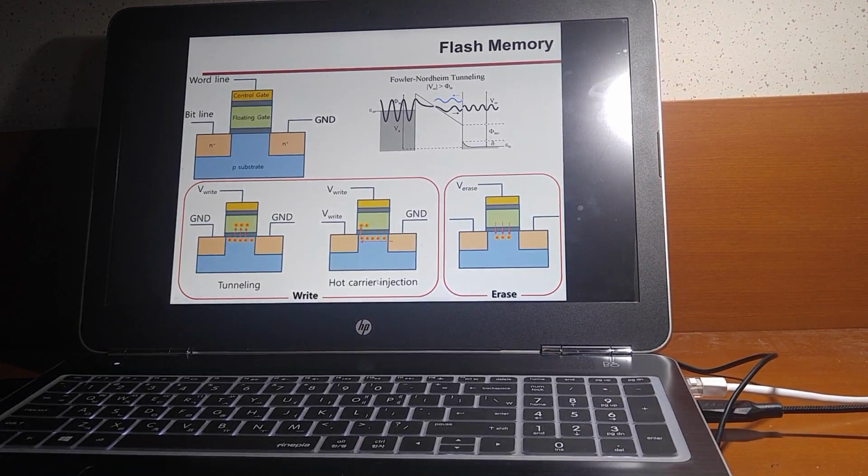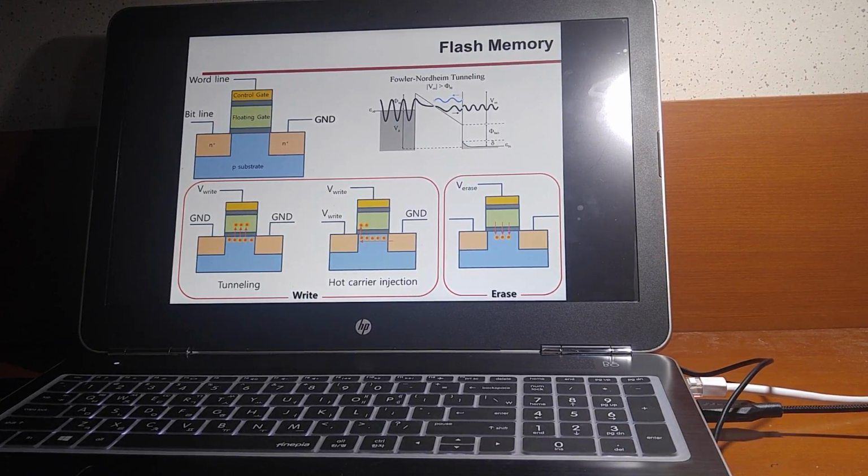And the flash memory has a very big advantage compared to other SRAM or DRAM. It does not need a refreshing operation, and it is a non-volatile device. So if we cut the power, the data is going to be retained.